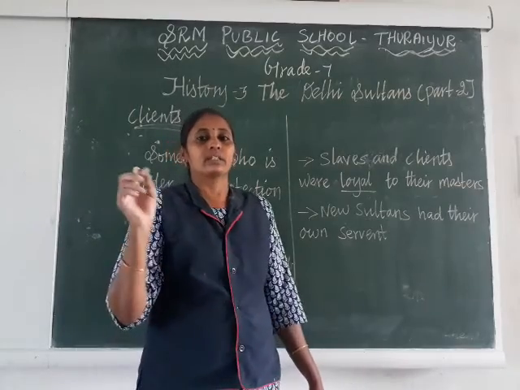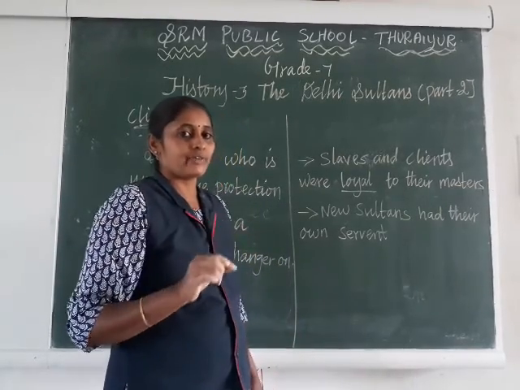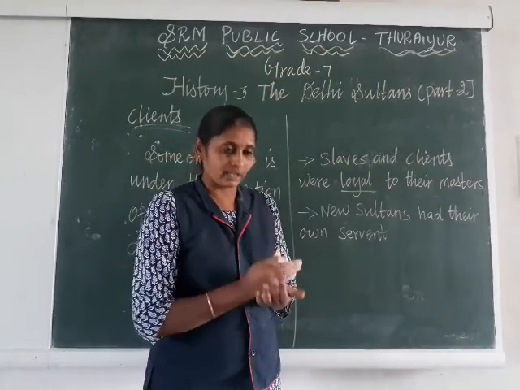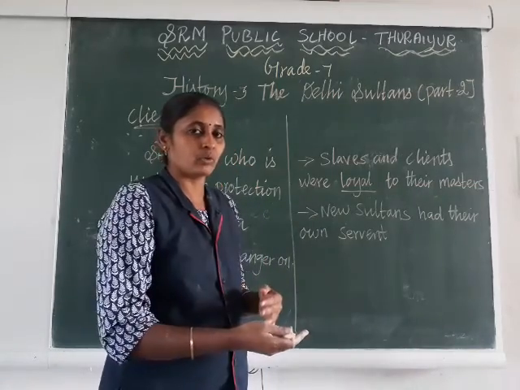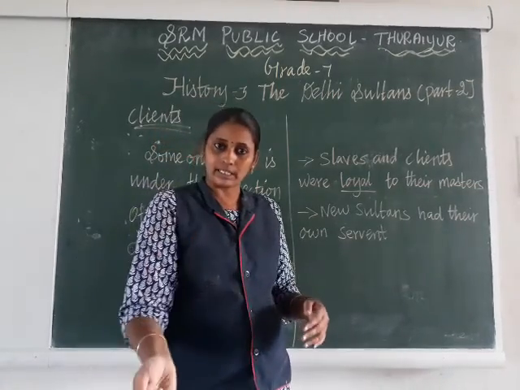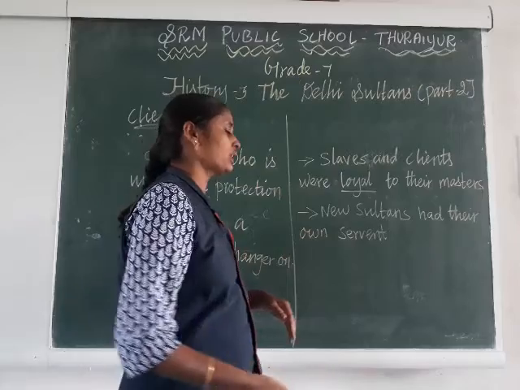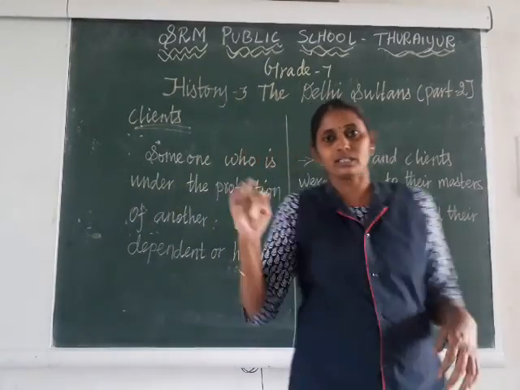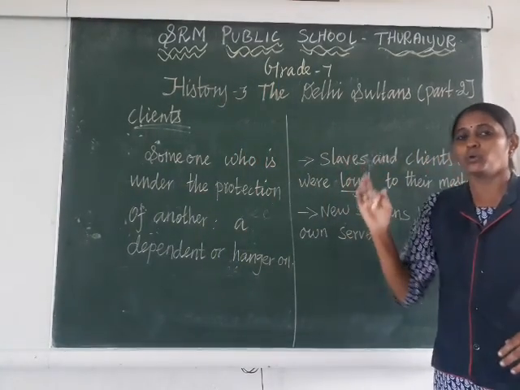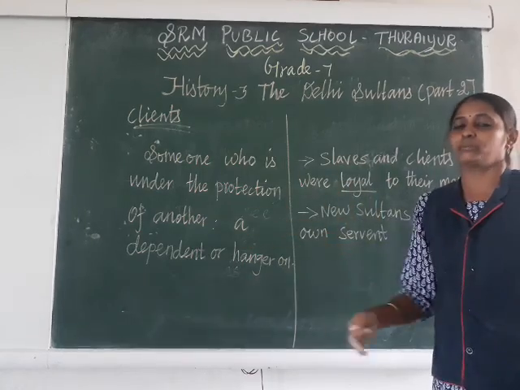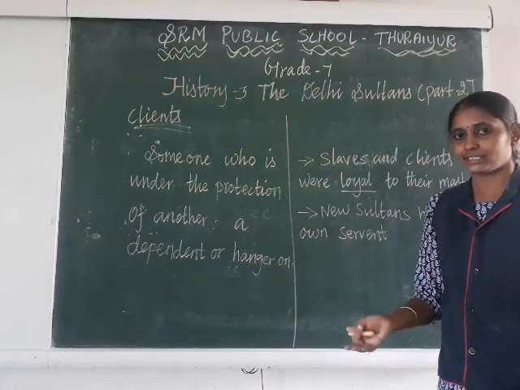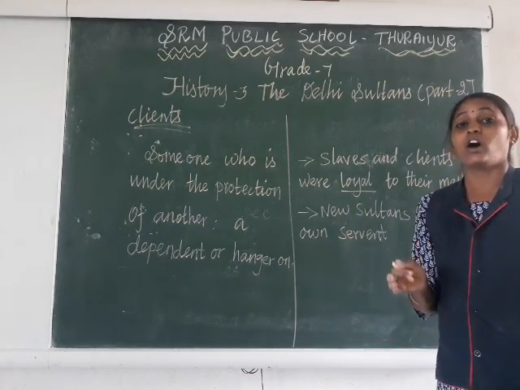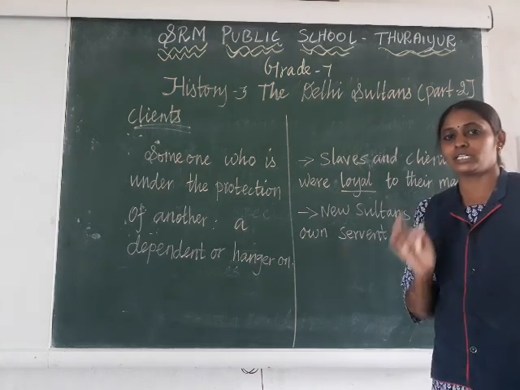That's why the Sultan trusted them. Whenever the Sultan's period was over and a new Sultan came to power, the slaves and clients who had worked for the previous king were assassinated.